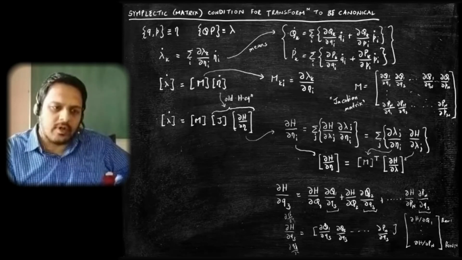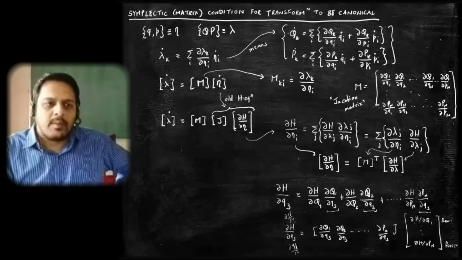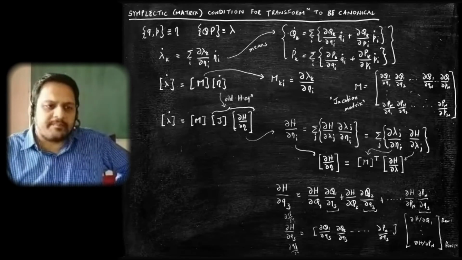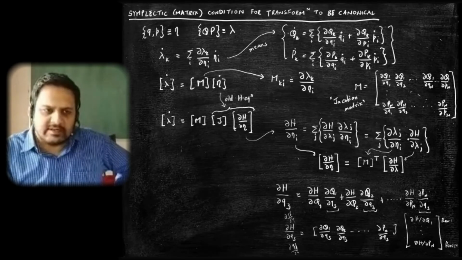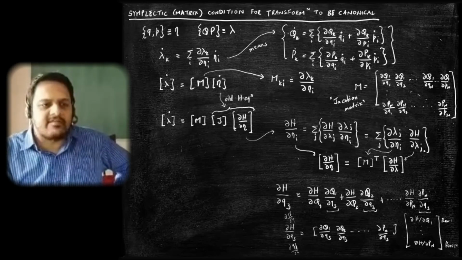So all those rows will come and this will become a square matrix. But basically the point is that you should check where the indices are matching. So this index j is there here and it is also there here. Then this is the contracted index as it is called in matrix algebra. And therefore, if this is the row label, then this has to be the column label.